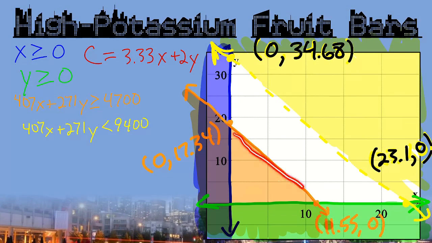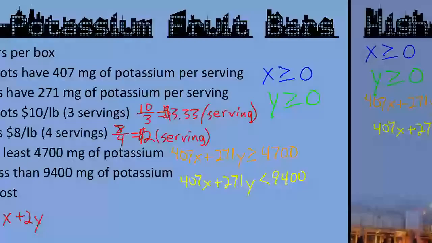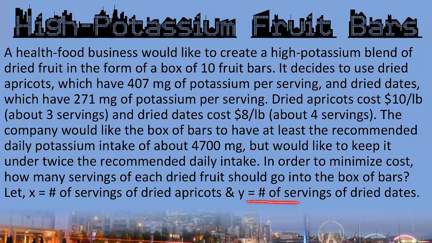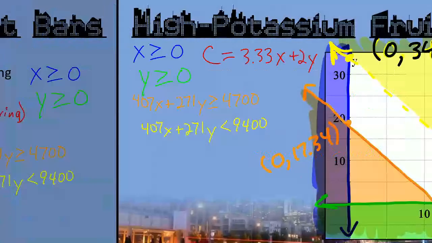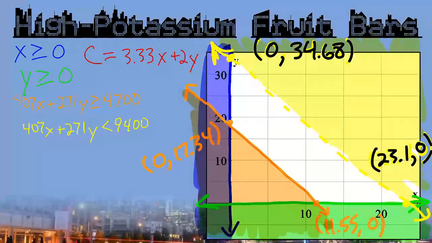Or is it somewhere in here in the middle? So our dates, the Y values, are cheaper. The dates are cheaper. So this is going to minimize our costs right there.